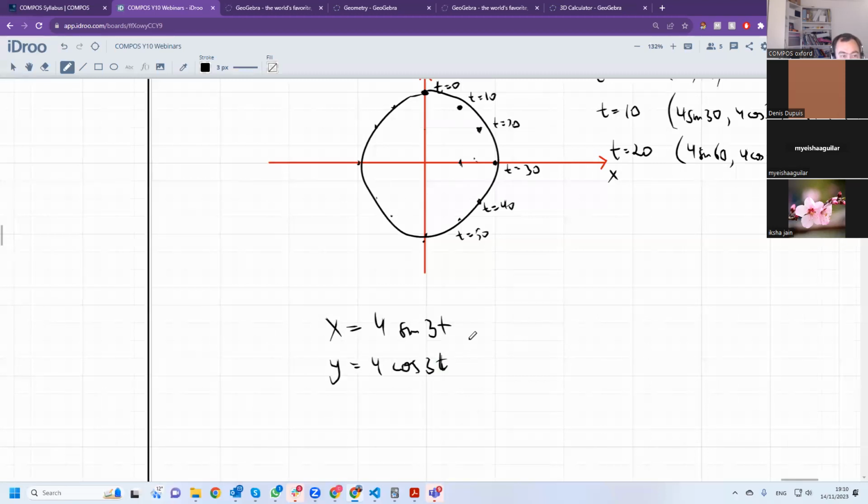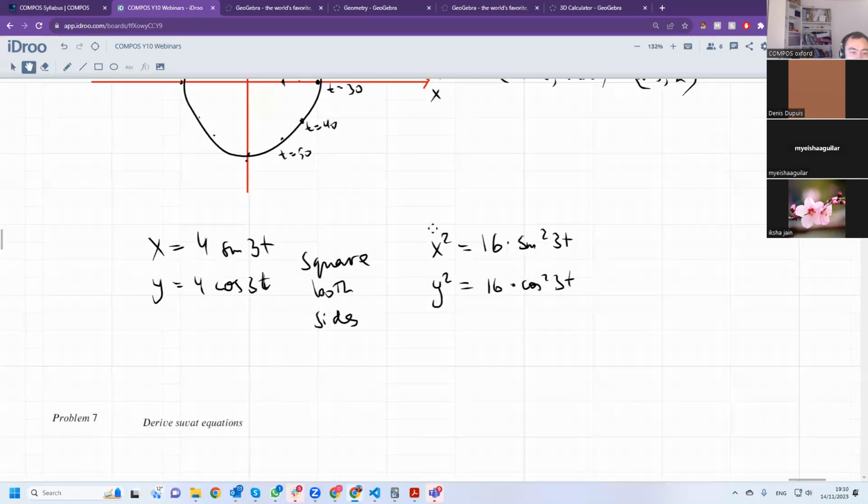Let's have a look. What we can do is square both sides. We get x squared equals 16 multiplied by sine squared 3t, and y squared is 16 multiplied by cos squared 3t.